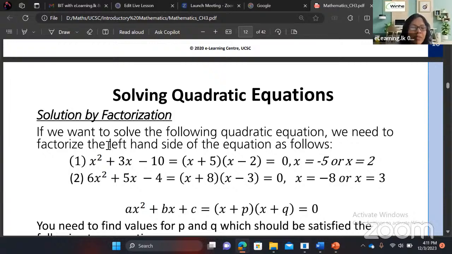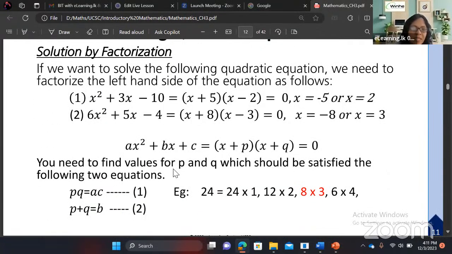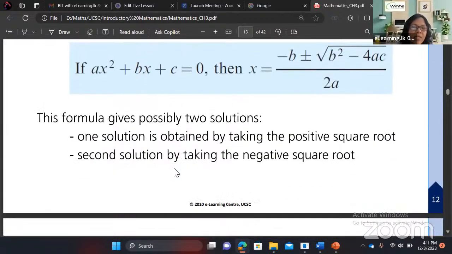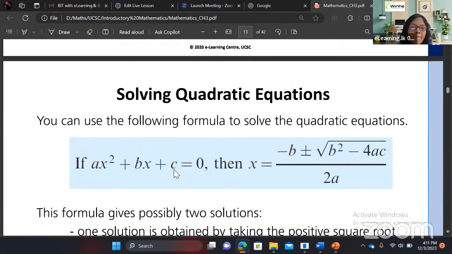We have learned two methods. One is the factorizing method and what is the other one? One is by factorizing, the other one is by using the formula for finding the solution of a quadratic equation. The solution we call the root. So we can find the root using what?